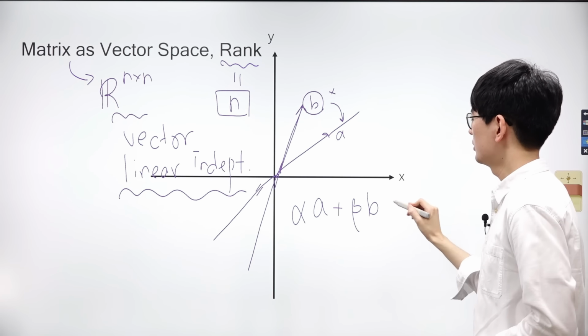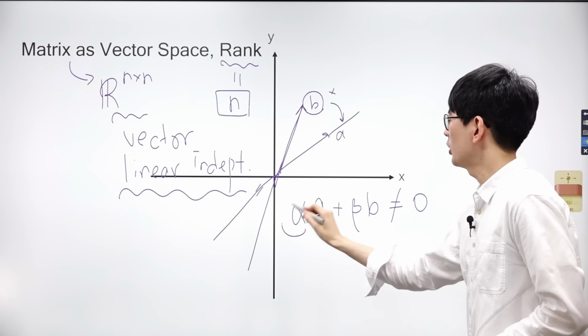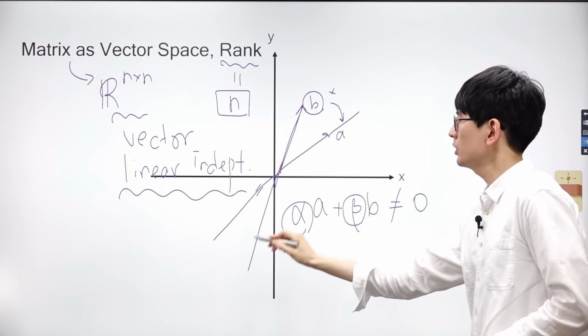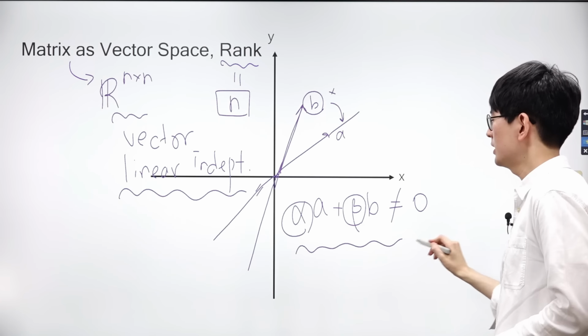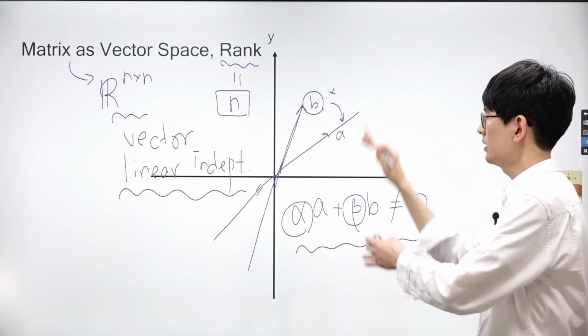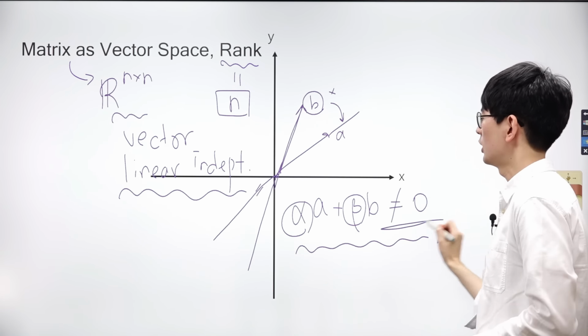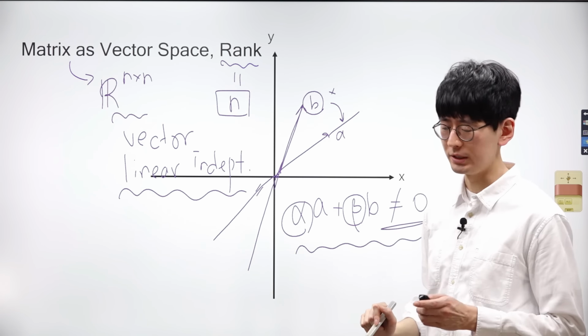Mathematically, a linear combination of two vectors should not always result in 0 when they are linearly independent, because this would imply they lie on the same line. There should not exist a combination of alpha and beta where the linear combination of the vectors equals 0. That's the mathematical condition for linear independence.